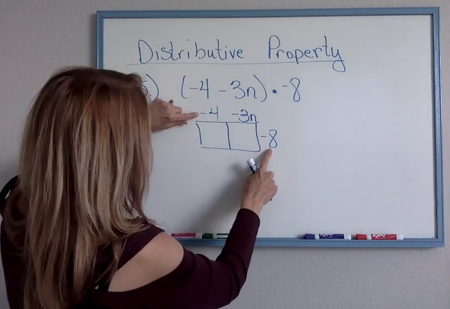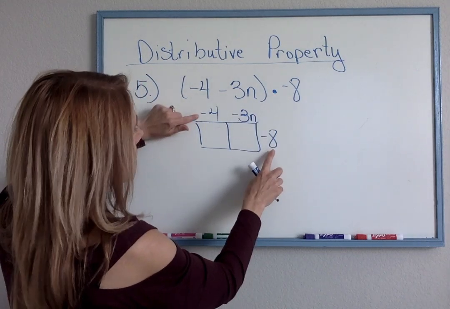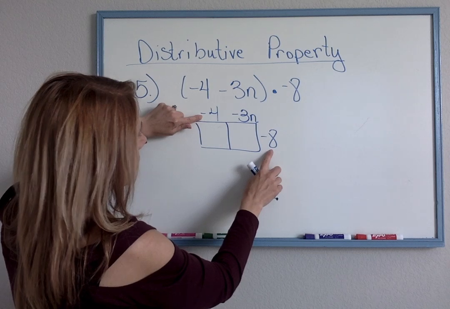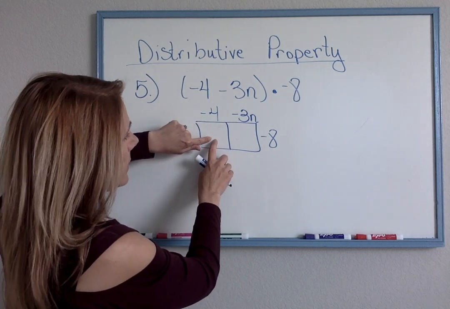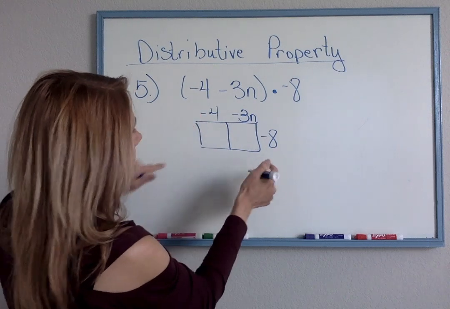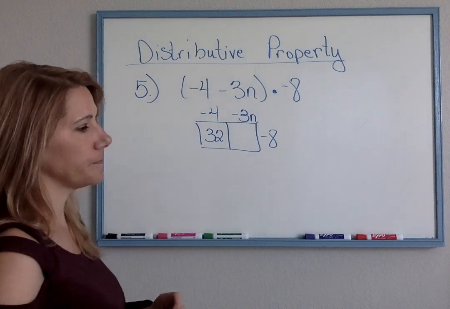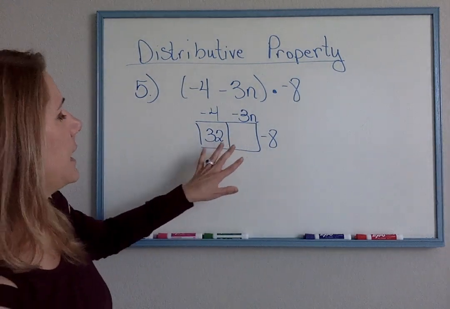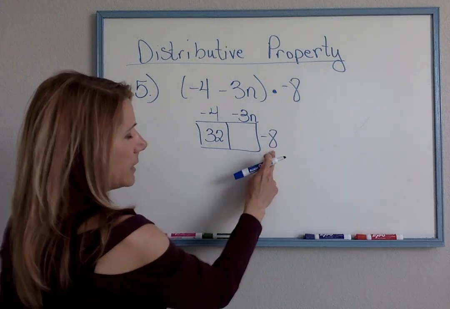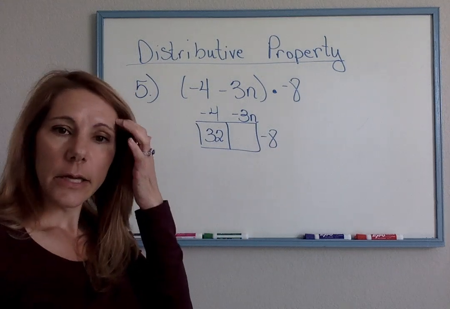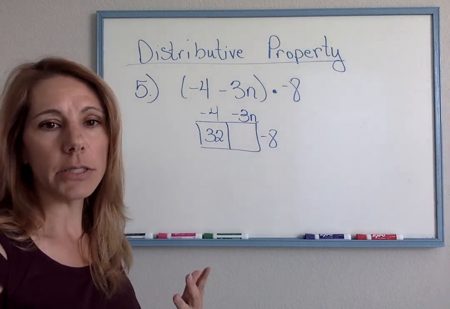But what we did is when we took these, this is multiplication, right? So we're going to take -4 and multiply it by -8. And they're going to come together in here. So negative times a negative is a positive. So I get positive 32. And then next, I'm going to take my -3n and multiply it by -8. So remember that even if there is a variable there, that n is there, I still can multiply the numbers.